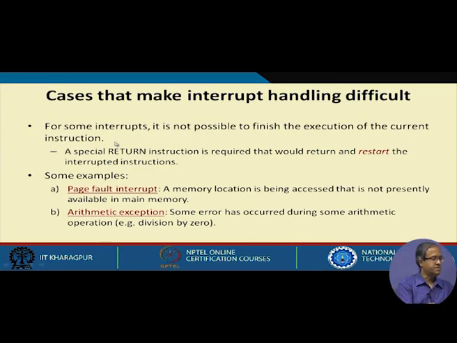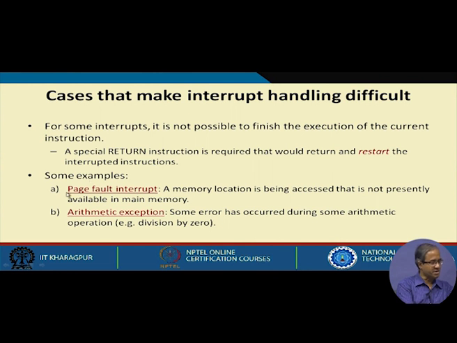So, this is what is mentioned here. For some kinds of interrupt, it is not possible to finish the execution of the current instruction. So, for such cases you need a special return instruction that would be returning from the ISR, but after returning it will be restarting the same instruction which was interrupted, not returning to the next instruction. It will be restarting the interrupted instruction.